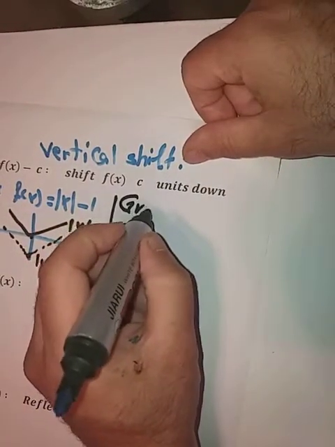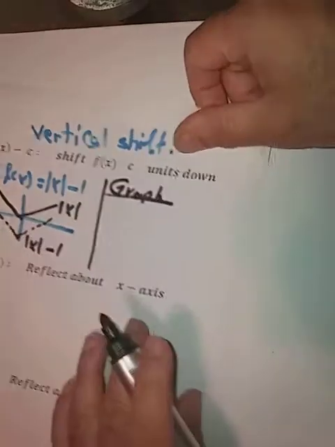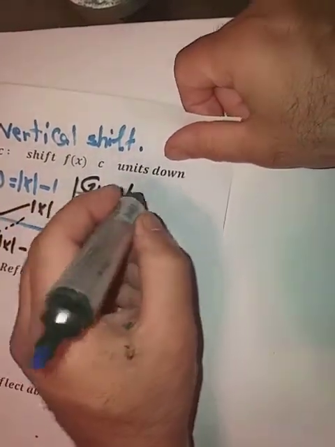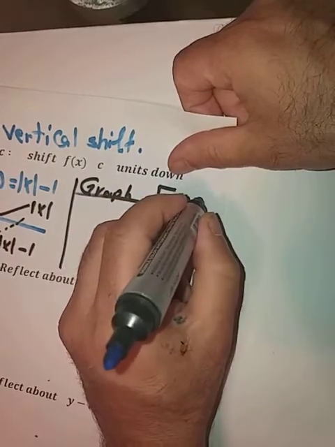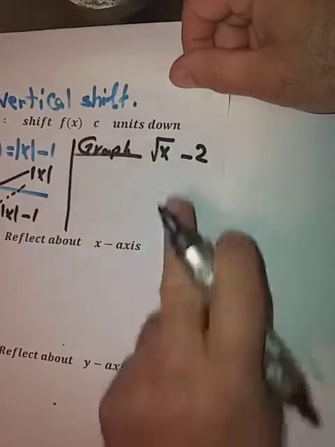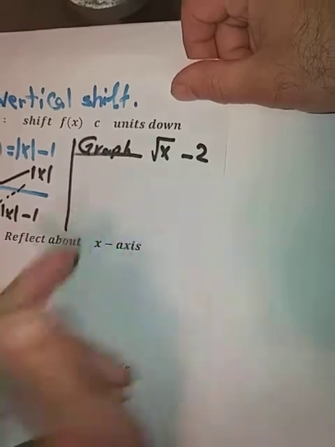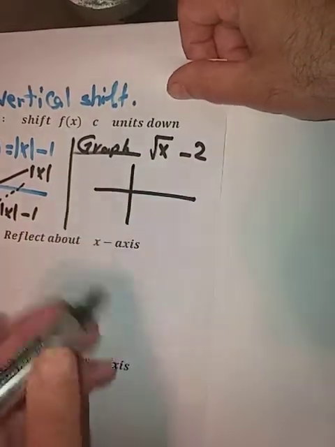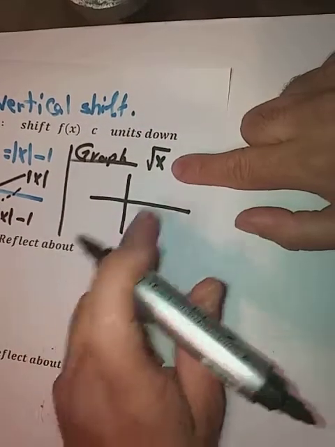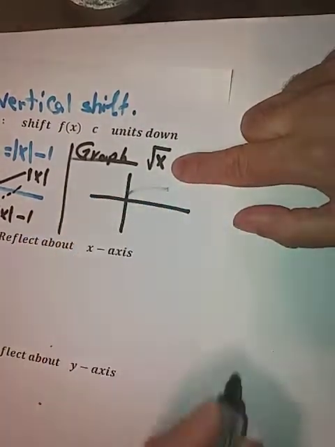Another example, graph radical x minus 2, square root. What is the graph of square root alone without this minus? Is this one, radical x.